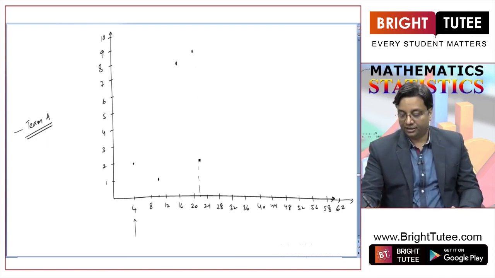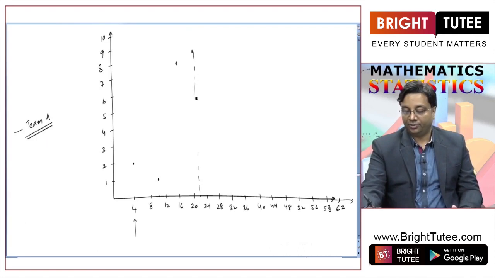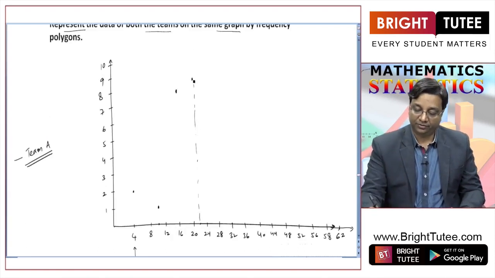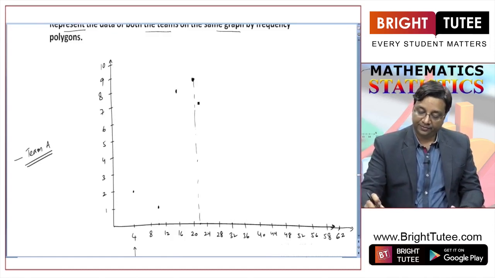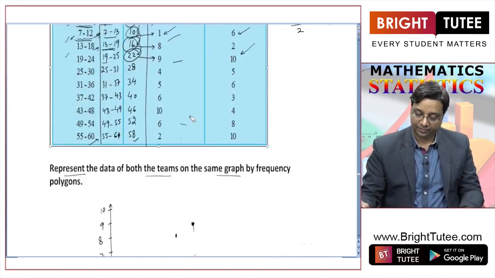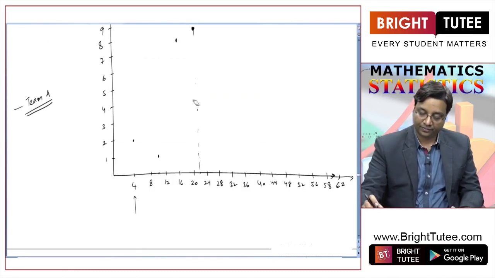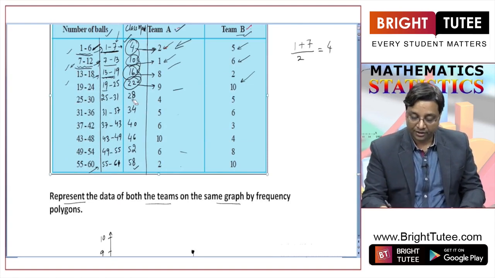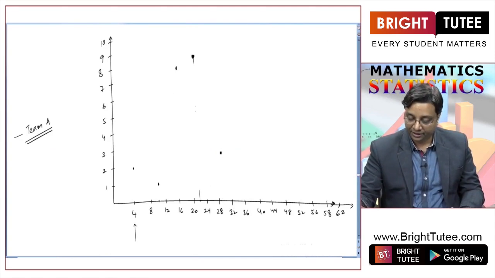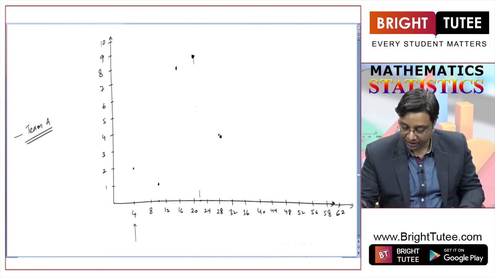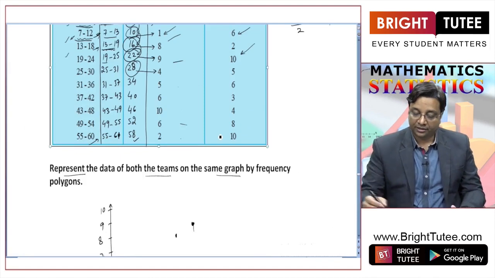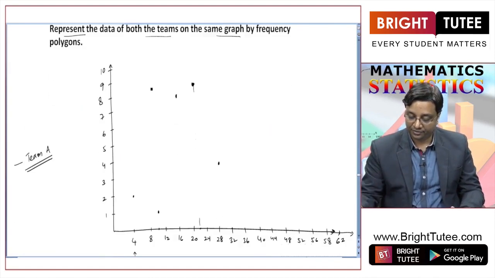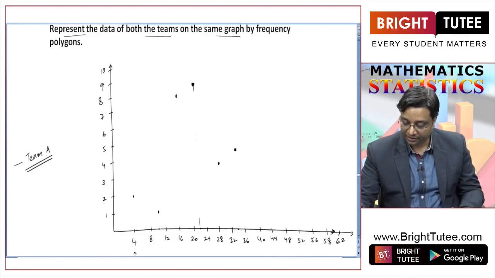So I recommend that you use a scale and proper graph paper so that you can find these points accurately. Right, and the next point will be 28, 4. 28 and then 4 will be here, and the next one is 34, 5. 34 is here and 5 is this.